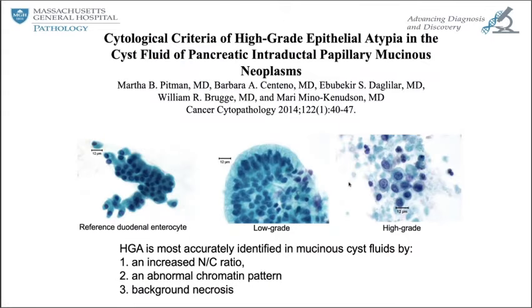We've done some research trying to define the criteria for what exactly is high-grade epithelial atypia using a 12-micron duodenal enterocyte. We can compare our low-grade mucinous epithelium, which is about the same size as a duodenal enterocyte, with what we would call high-grade epithelial atypia, where the cells are smaller than a 12-micron duodenal enterocyte.